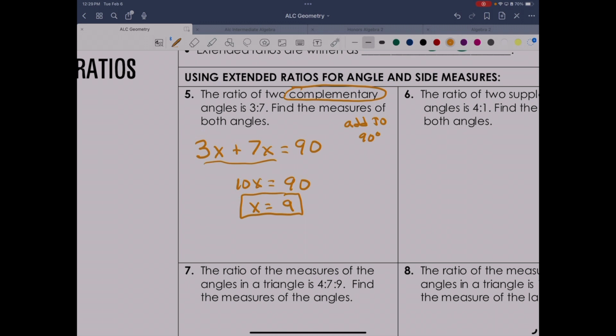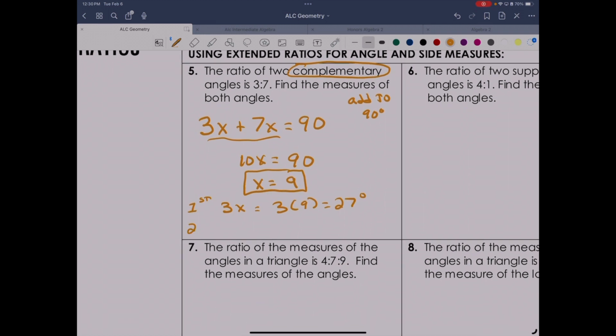But we want to find the measure of the angles. Well, our first angle is 3x. We know x is 9. So the first angle measures 27 degrees. We know the second angle is 7x. X is 9.